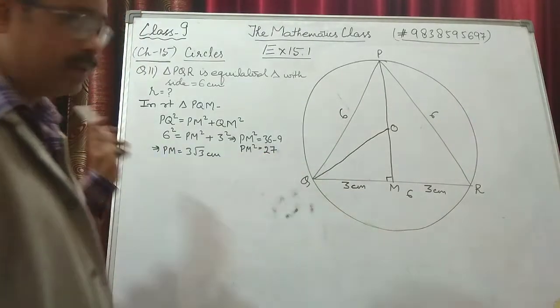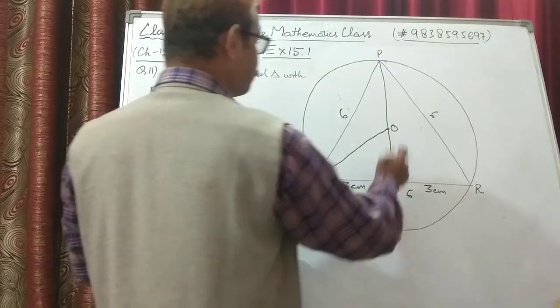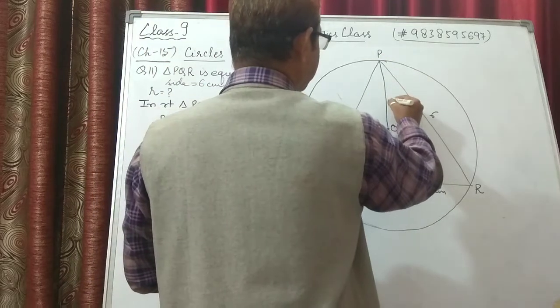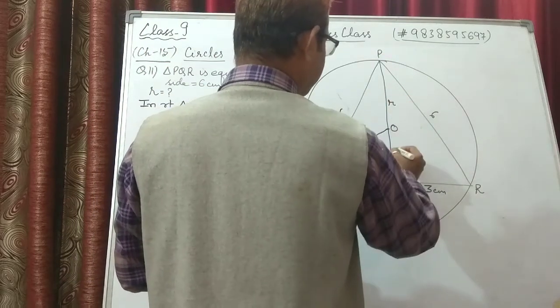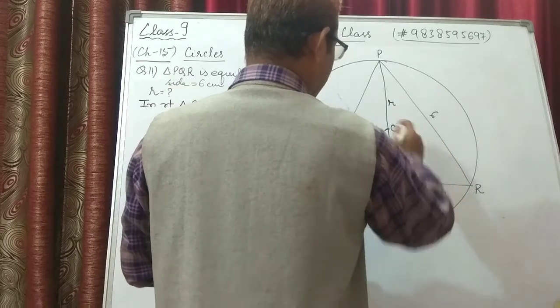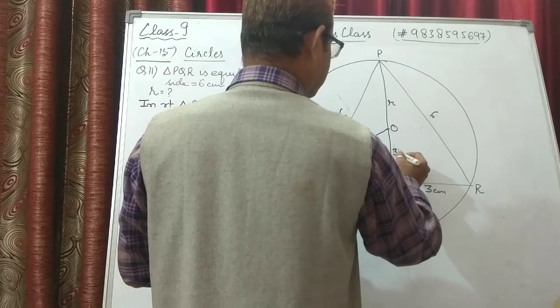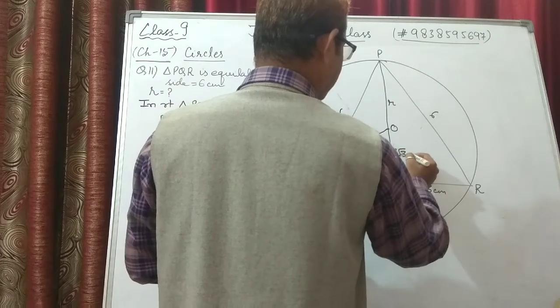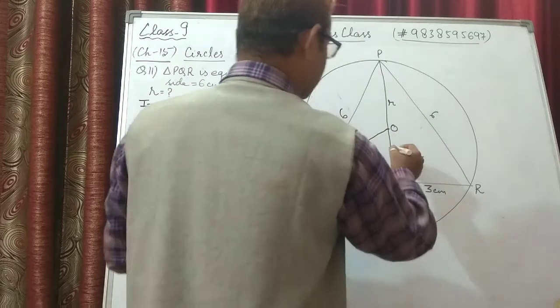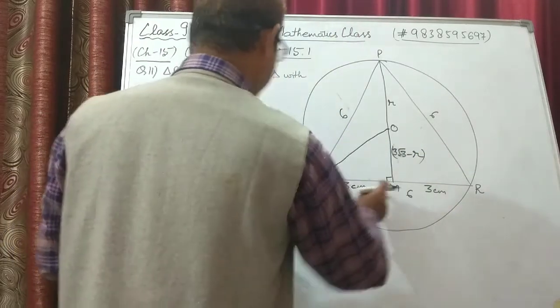Now, this total PM is 3 root 3, out of which PO is R. So OM will be 3 root 3 minus R. And now we will take the smaller triangle OQM.